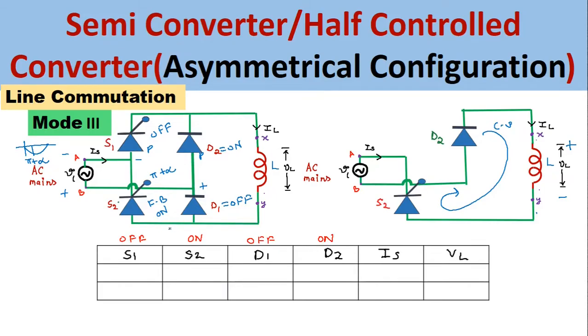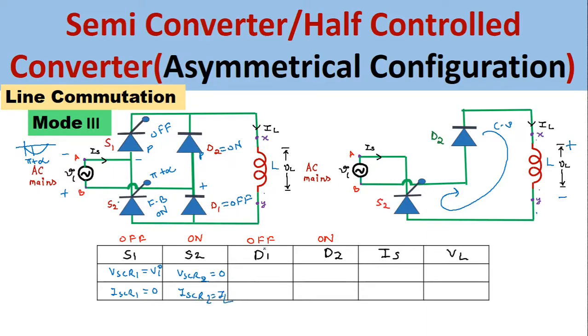Now we will see the conditions of voltage and current of the devices connected here. First we will take SCR1. Since it is off, the current through it, ISCR1, will be equal to 0, and the voltage across it, VSCR1, will be equal to the input voltage Vi. Now comes SCR2. SCR2 is on, that means the voltage across this device will be equal to 0, and the current through this device will be equal to the load current IL.